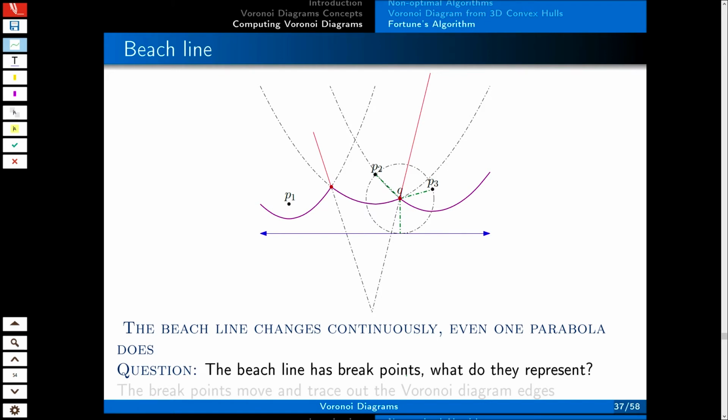When the sweep line changes, this parabola changes automatically. Then these break points also move, and we know that the break points are on the Voronoi edges. So, when the line moves, these break points keep generating the Voronoi edges.